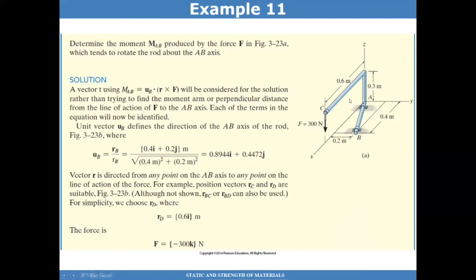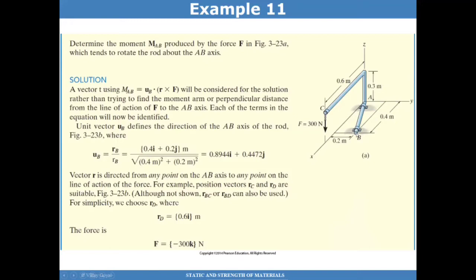What you want to do is calculate a position vector R, which you can point from B to C, but the first step is really to define the unit vector along AB first. You can do that first.